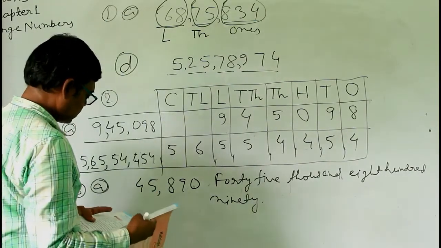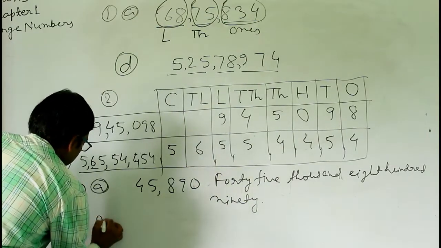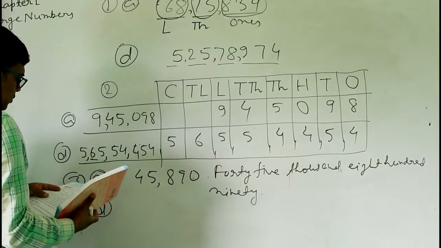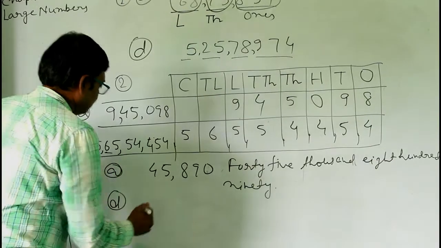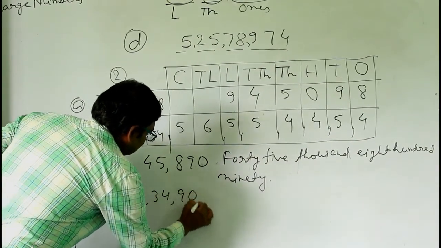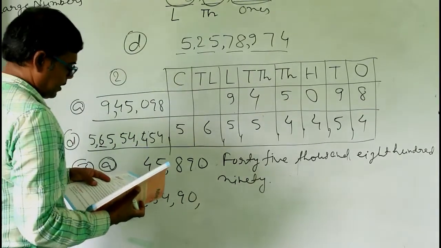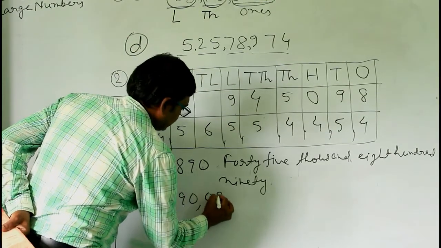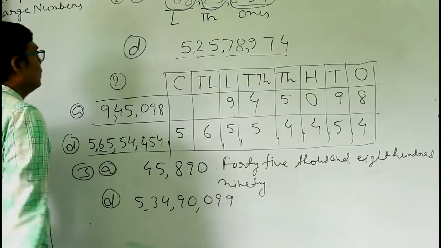And in this, the last number is, that is D. In this case, it is 5 crore 34 lakh 90,099. So how do you write the name in this case?